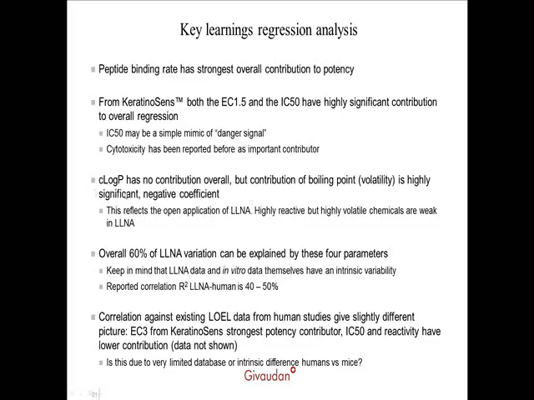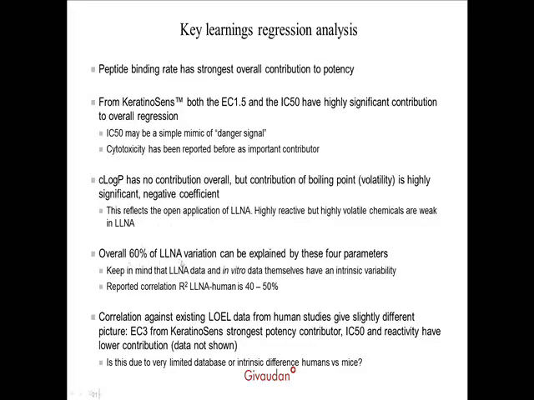We see no contribution of C-log-P, which was often viewed as an important factor, but we see a very high importance of boiling point, which is logical if we consider the open application in the LLNA, where chemicals can quickly evaporate. And we know some highly volatile chemicals which are very reactive but still weak sensitizers like ethyl acrylate.